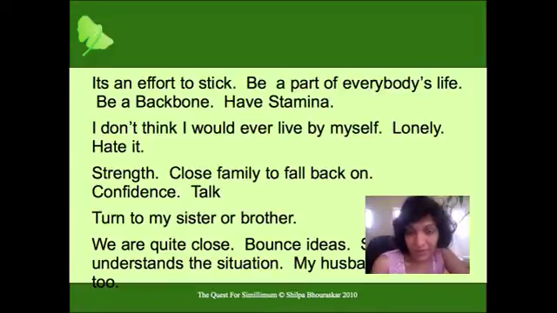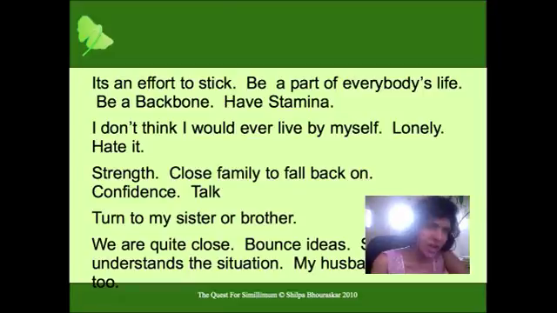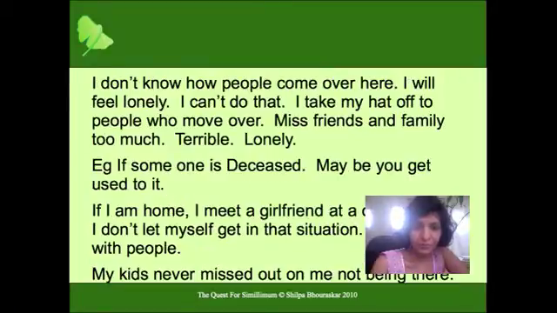Especially my close family, to fall back on. They give me confidence. I can talk with them. I can turn to my brother or sister. We are very close. We bounce ideas. And my sister, she understands the situation. My husband is quite good too. So now you see there is a very harmonious relationship with the family here.